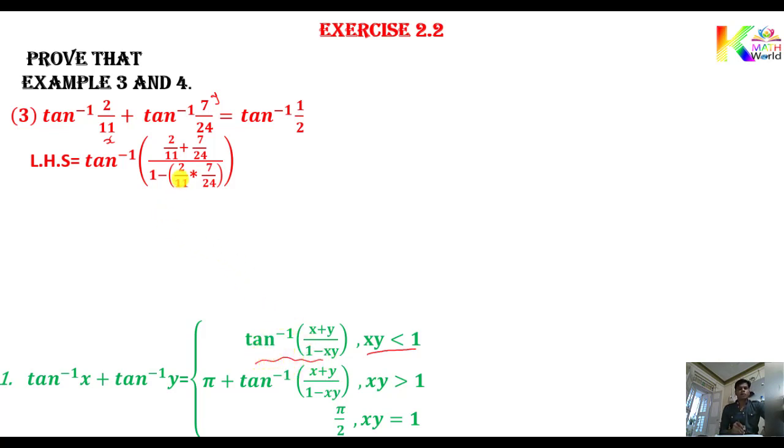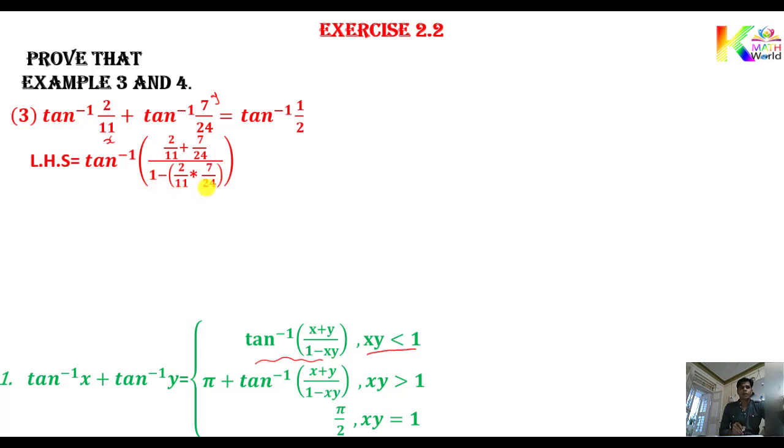Now we have to simplify this one. No need to cancel it out, just consider the LCM. Keep the LCM of numerator and denominator the same, so that we can directly cancel out the LCM of the numerator as well as the denominator. So considering the LCM, you got 24 2s are 48, same way 11 7s are 77.